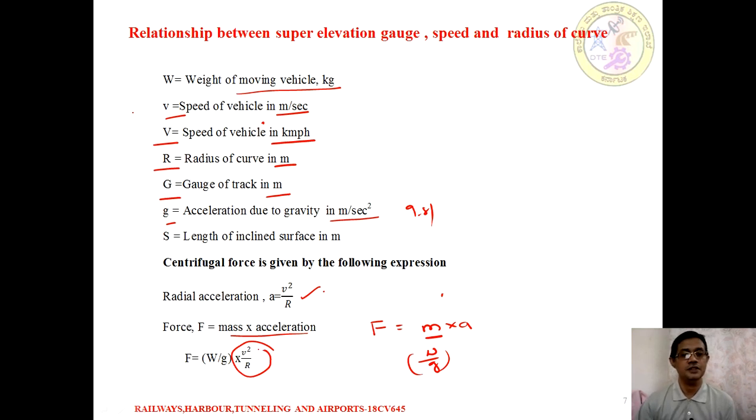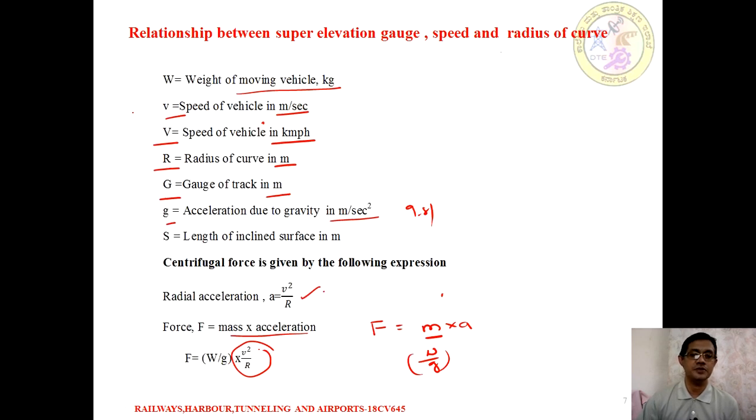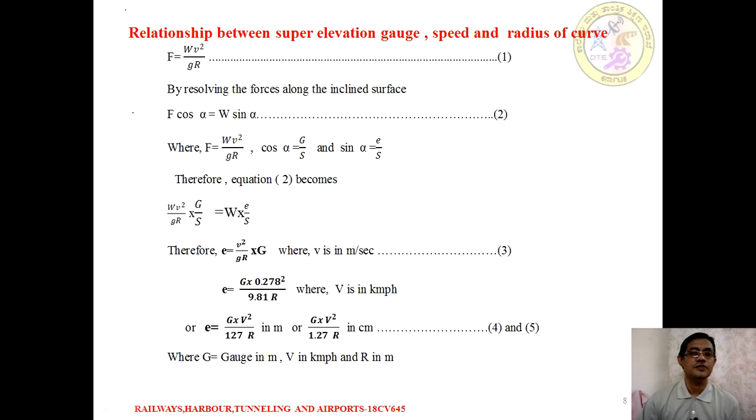Substituting this in the equation of the force, we end up with F equal to W v square by g into r. So that is equation 1.